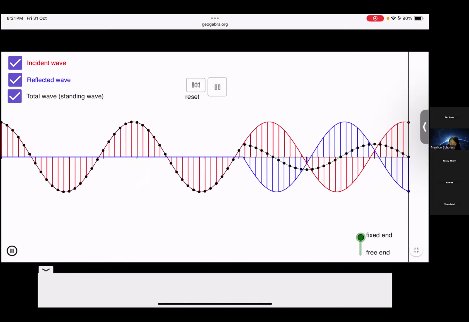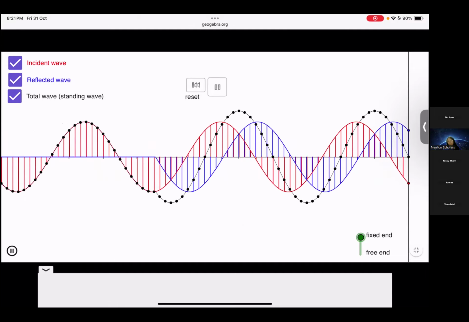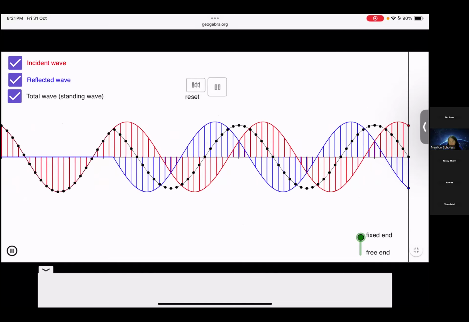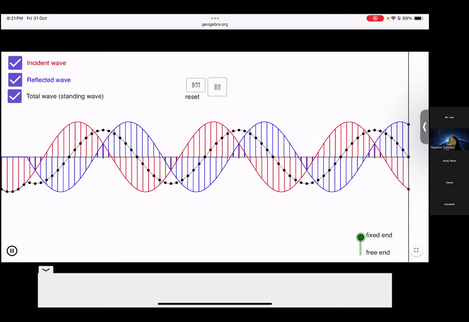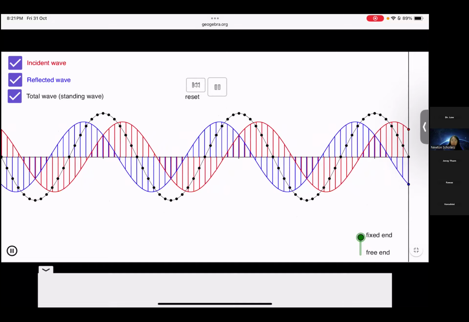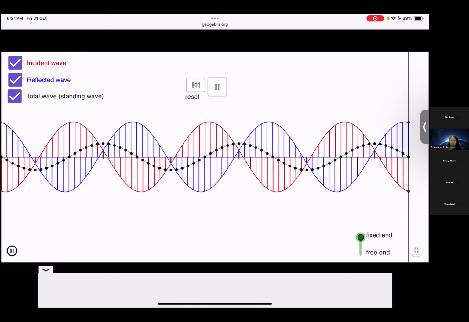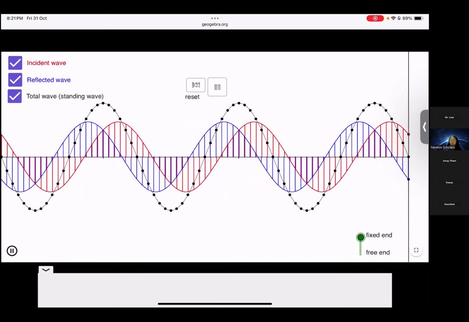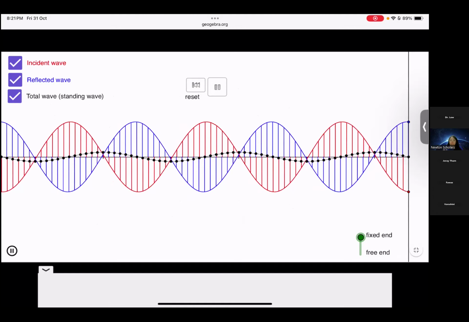Can you see that? The black color is actually the resultant wave, after their superposition. Red color is the incident wave. Blue color is the reflected wave. When they meet at crest and crest, they become a bigger crest. Trough and trough give a bigger trough.